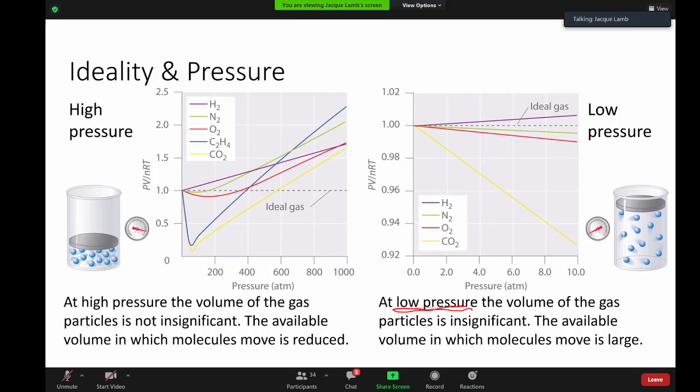So if you have high pressure and a lot of gas molecules there, then the volume of space available to any given particle is going to be reduced. So gas molecules will behave more ideally at low pressure and high temperature, when they can't interact so much with each other.